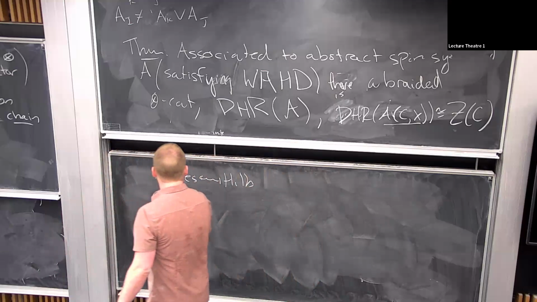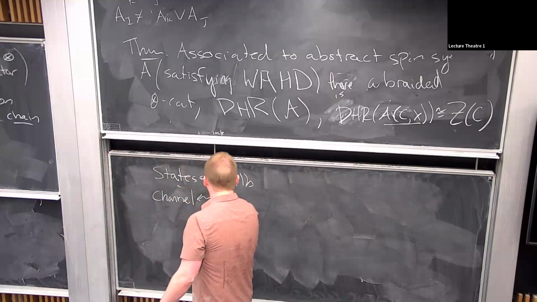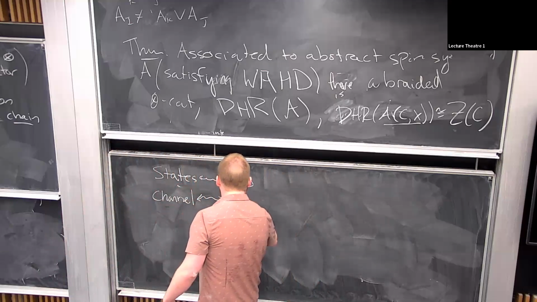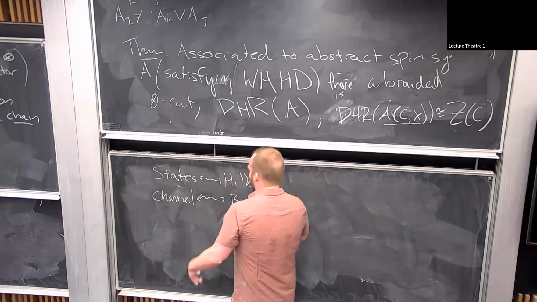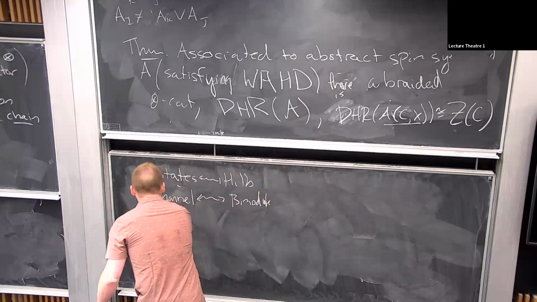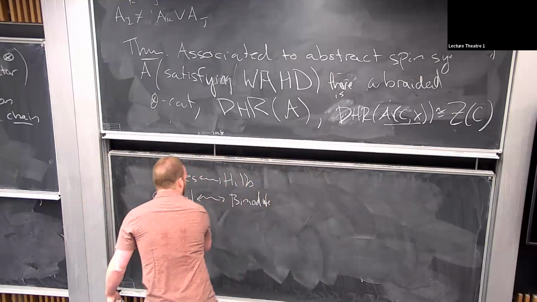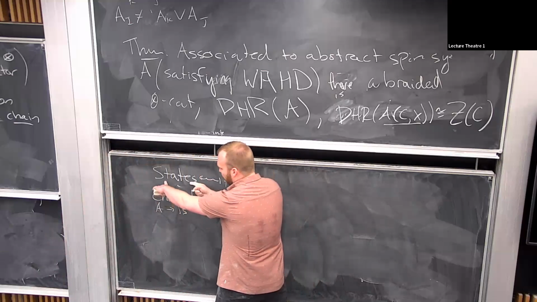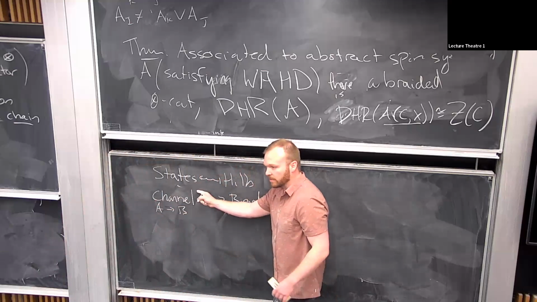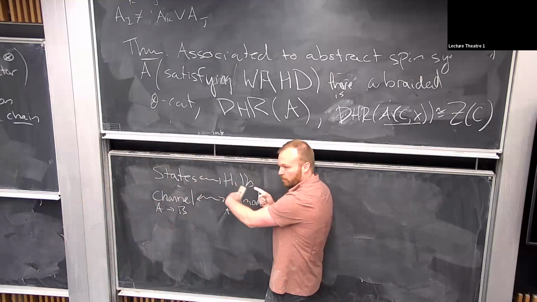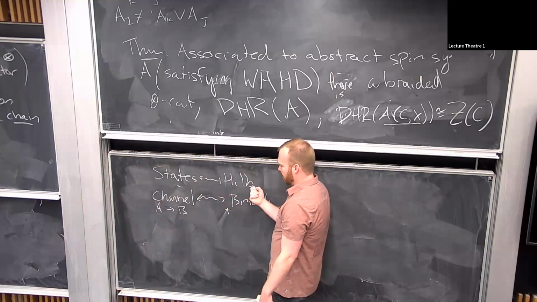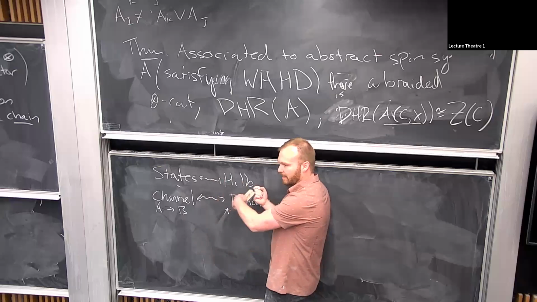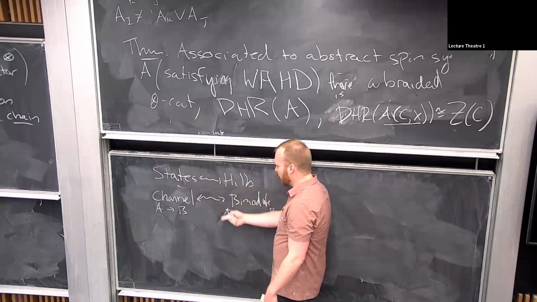If I have a quantum channel, this is analogous to a bimodule between algebras. If a channel goes from A to B, this is analogous to an A-B bimodule. And you can think of a state as a channel from A to the complex numbers, and then a Hilbert space is an A-C bimodule, because A is acting as the local operators on this Hilbert space. So that's the analogy.